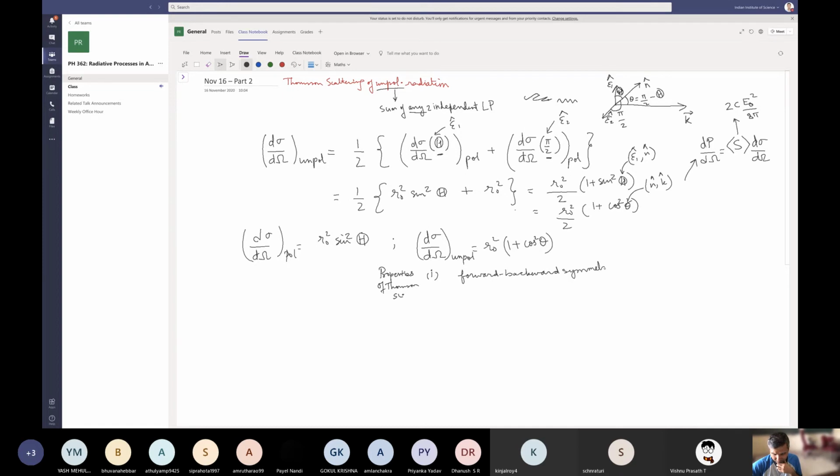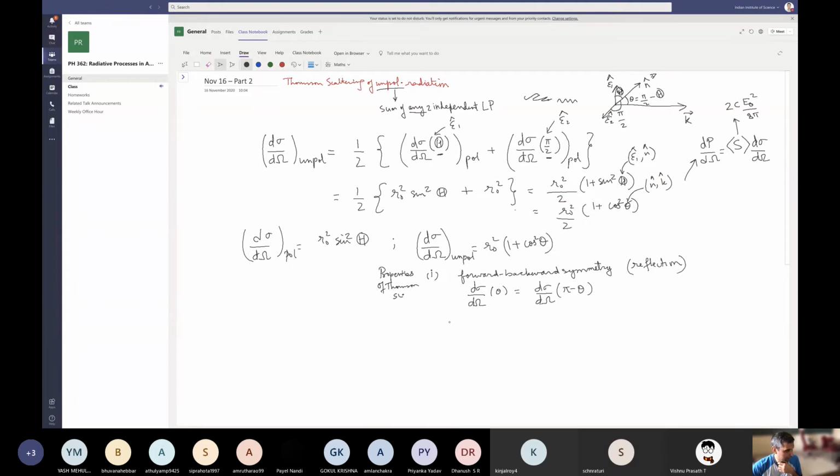Basically, dσ/dΩ for theta is equal to dσ/dΩ for π minus theta. Whether you are looking in this direction or at π minus theta, this is a reflection symmetry. You will have the same cross section.